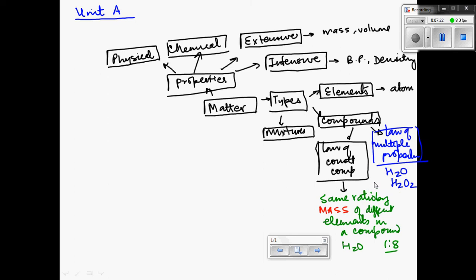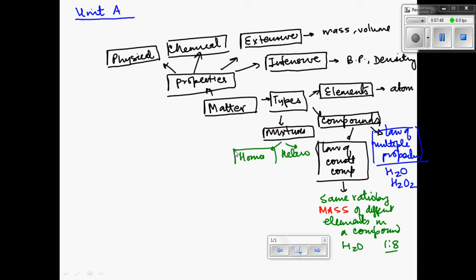Now moving on from here, we have mixtures, and mixtures do not always have a constant composition, meaning if you were to take a mixture from one part of the world to another part, its composition may vary. Mixtures are of two types: homogeneous mixtures and heterogeneous mixtures.